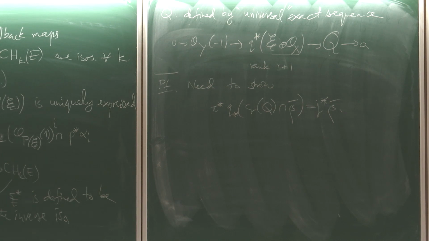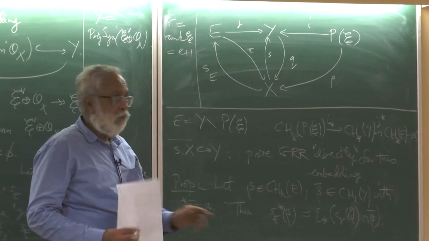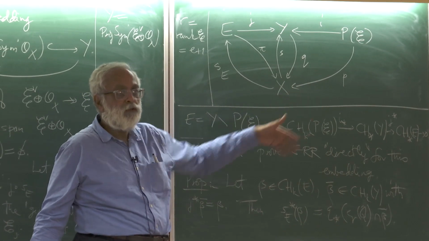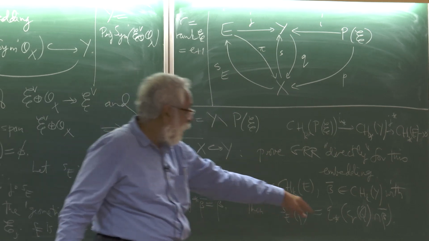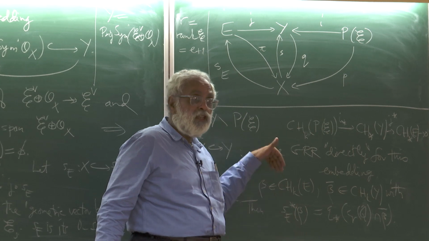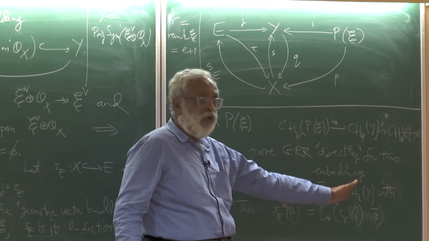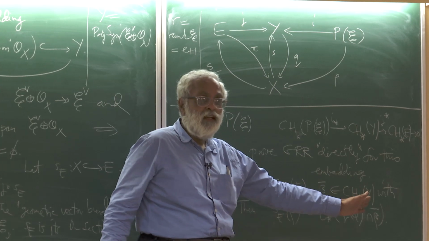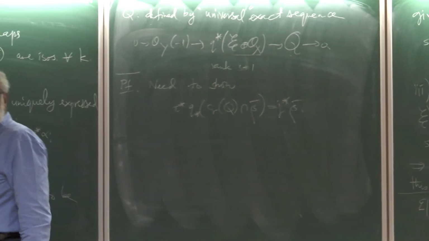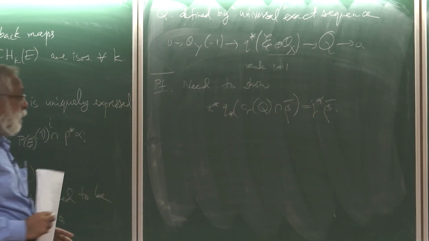This is what I want to prove. Take beta, find something on the whole space which restricts to beta, and then apply the operation to that. The S_E upper star by definition was the inverse of something else. So I can put S_E upper star inverse on the other side and then it becomes the other map, and that's what my formula is. So this is what I have to prove. This is exactly the restatement of the formula written there.